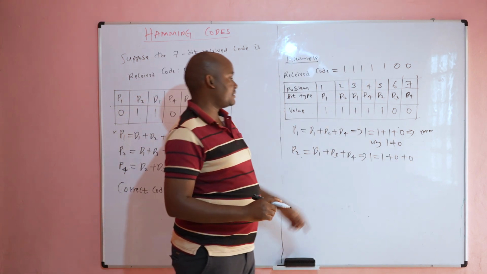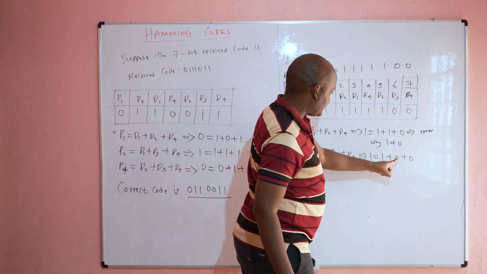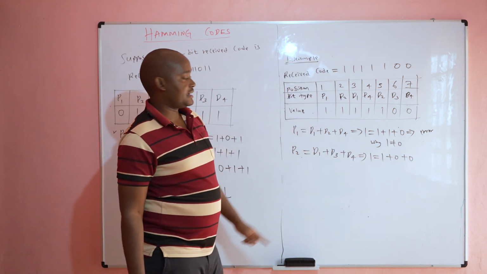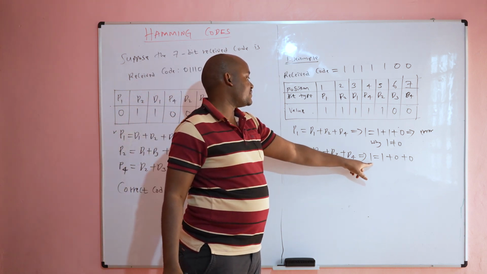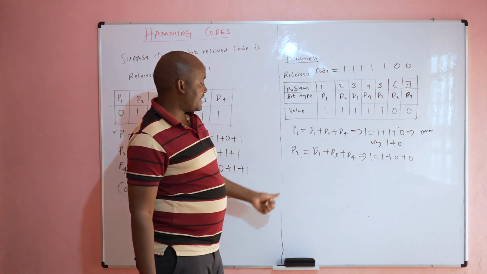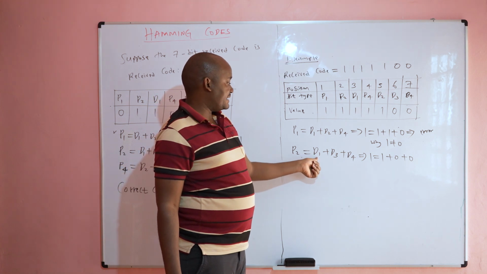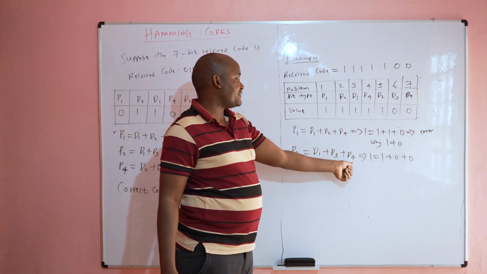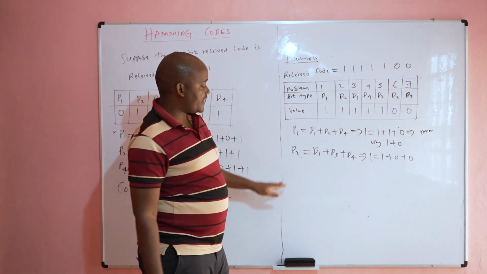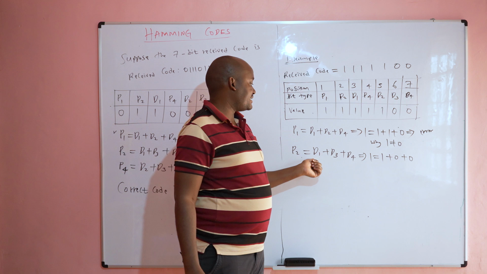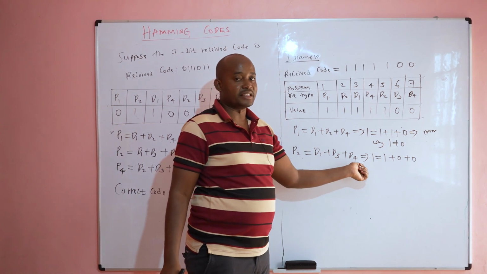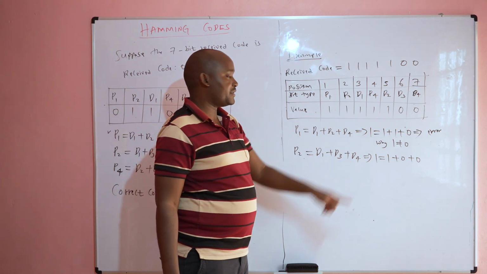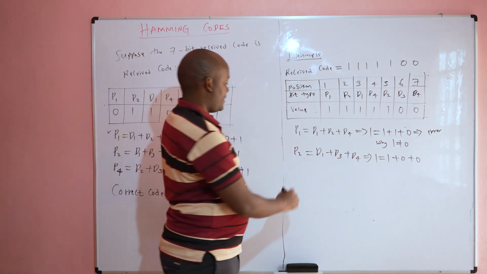So 1 plus 0 plus 0 is equal to 1, and in this case our parity P2 is equal to 1. So it means that D1 is exempted, D3 is exempted, and also D4 is exempted, because if they were wrong, they could have given us the wrong values in this particular addition. So there is no way the error will be in D1, D3, and D4. So we exempt those of them.